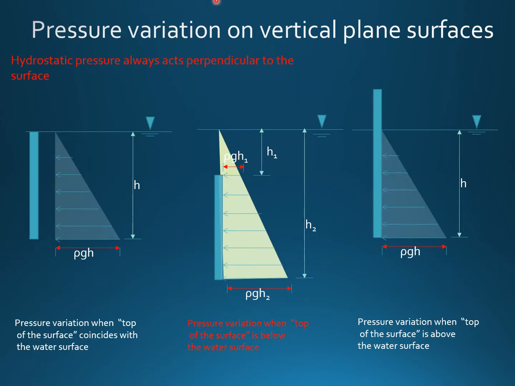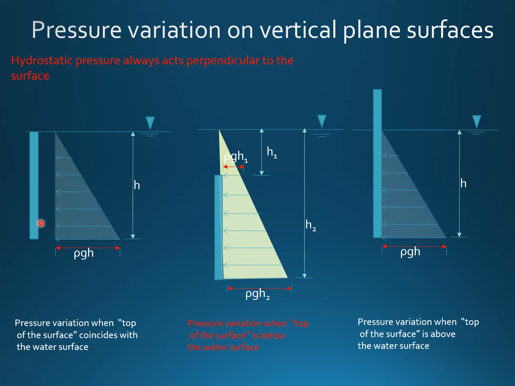Now let's look at pressure variation on vertical plane surfaces. We first consider the vertical surface, that is perpendicular to the water surface, and we can immerse this plane surface in three different ways.